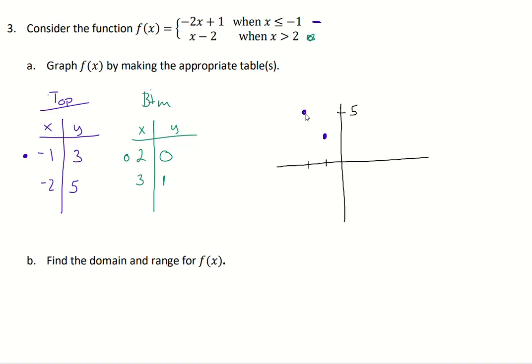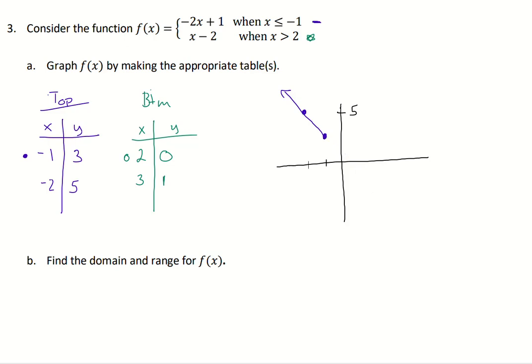When I start drawing this, where should I put my pen first? At -1, 3. And then which way am I going to draw? Just through the next point. Remember, this part of the function only works if x is less than or equal to 1. The most common mistake people make is having this line come all the way through, but that function doesn't exist for that part. So we can't use that bottom part of it.